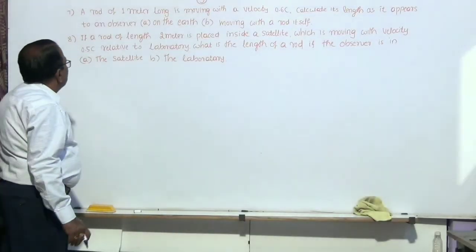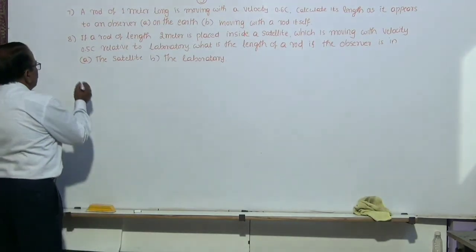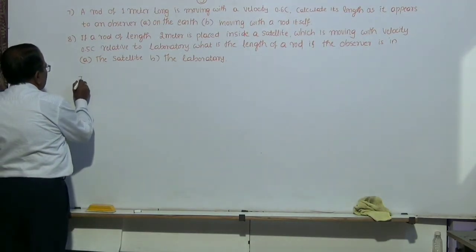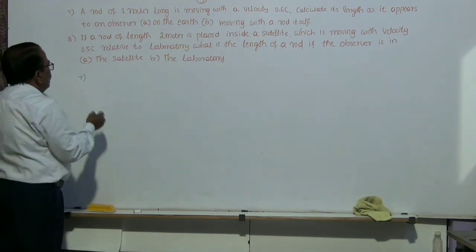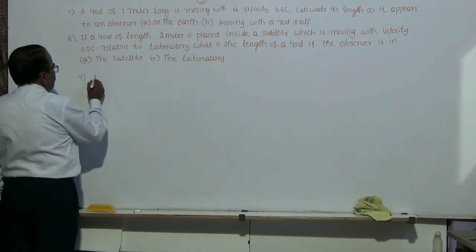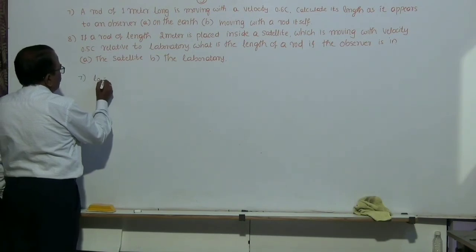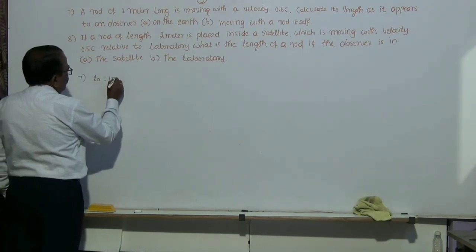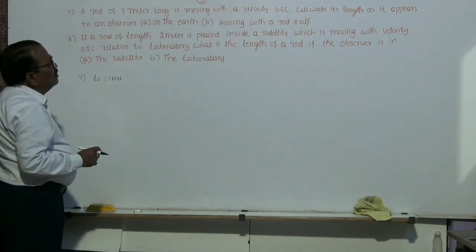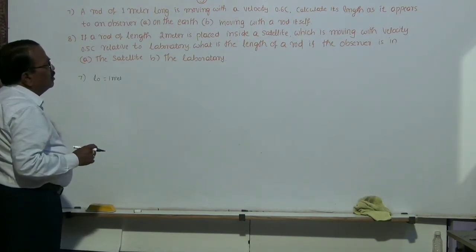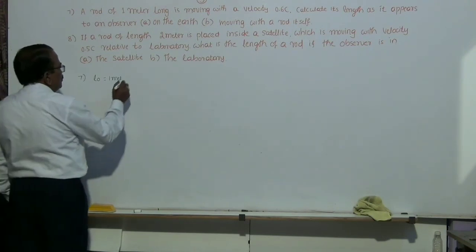Now your seventh example is a rod of 1 meter long, means proper length is given, 1 meter, is moving with velocity of 0.6 c.